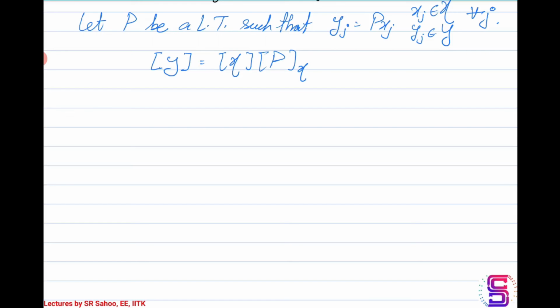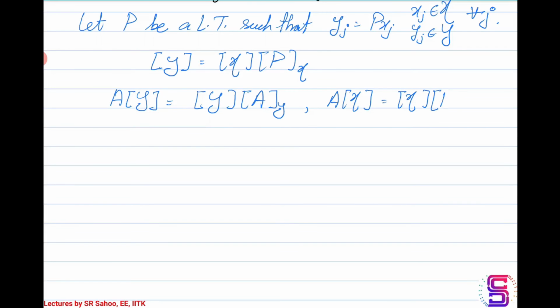Okay, now let's say that when A acts on the basis vectors of Y, what we essentially have is this. Similarly, A acting on the basis vectors of X, we have this. We have already seen how this comes up. This is basically where we saw how the matrix representation of A can be written. Okay, we have this.